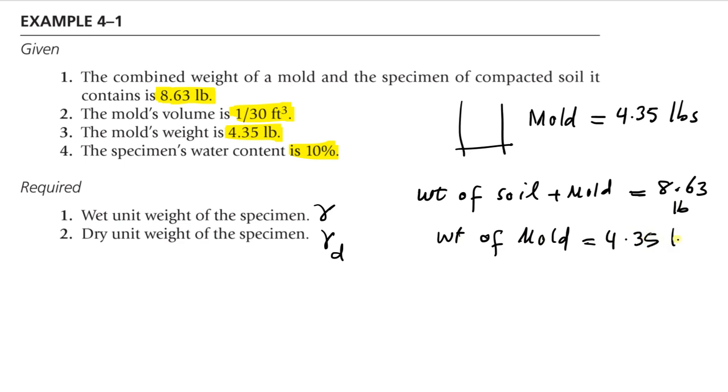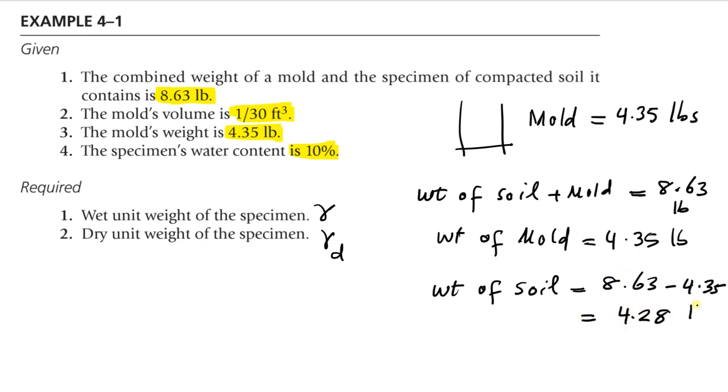So what will be the weight of soil? We have to subtract, we have to remove the weight of mold. So 8.63 minus 4.35 will give us 4.28 pounds. So the weight of soil during compaction was 4.28.